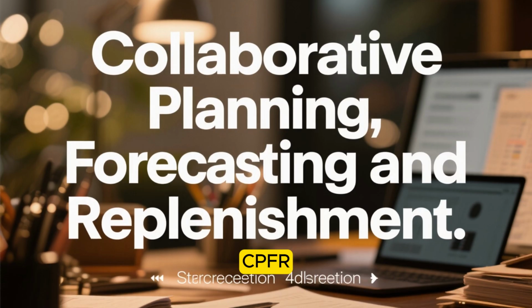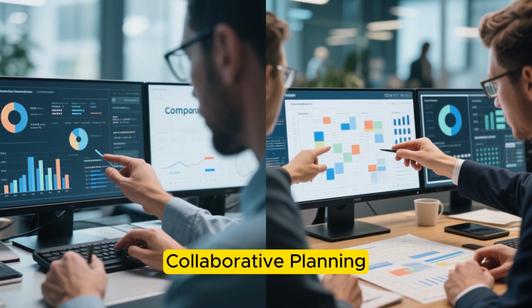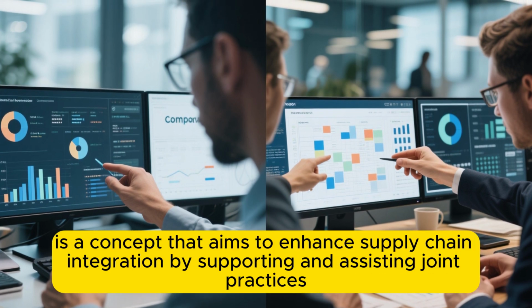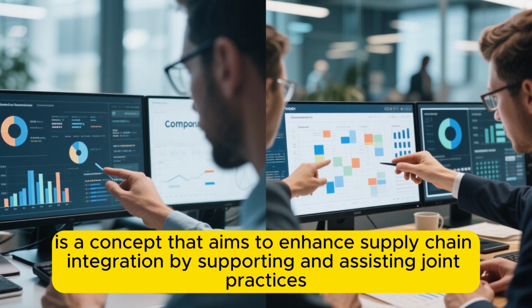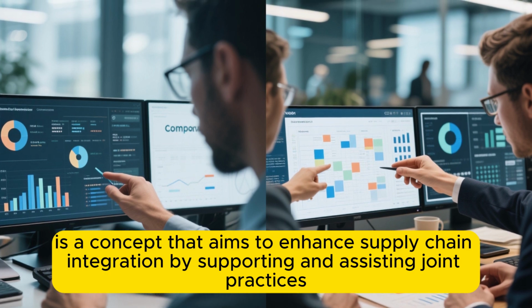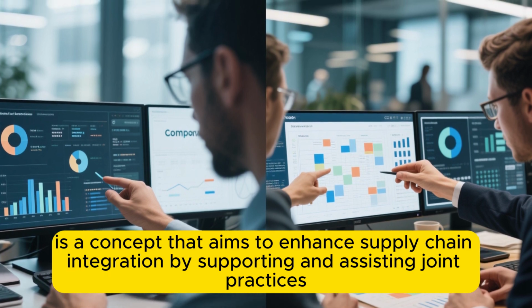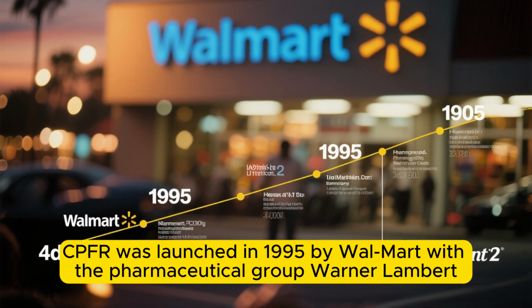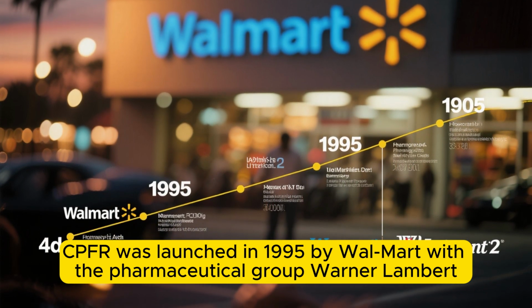CPFR is collaborative planning, forecasting, and replenishment. CPFR is a concept that aims to enhance supply chain integration by supporting and assisting joint practices. CPFR was launched in 1995 by Walmart with the pharmaceutical group Warner Lambert.